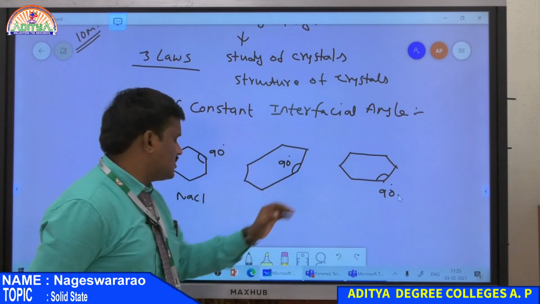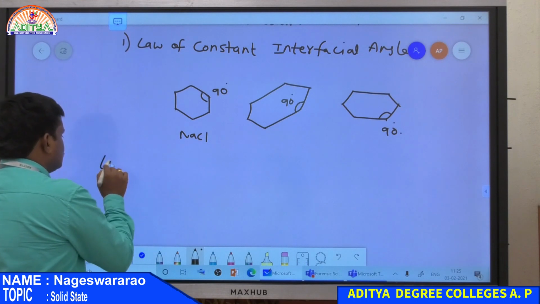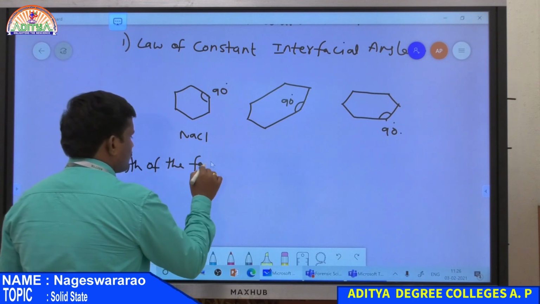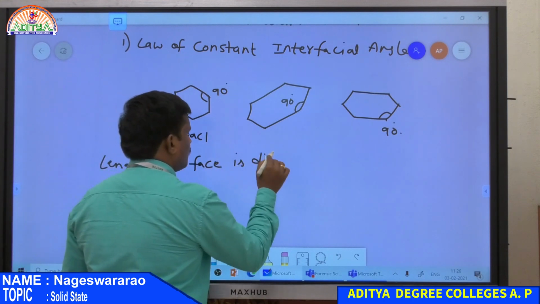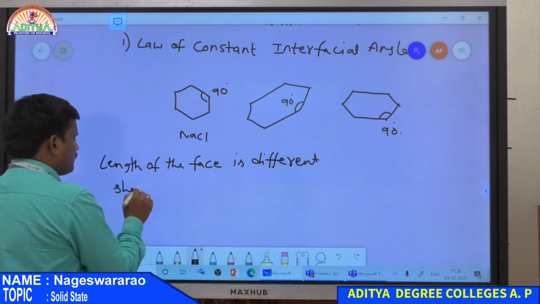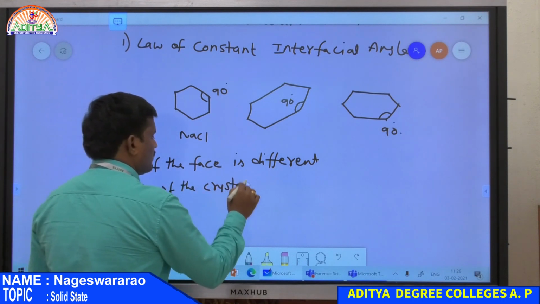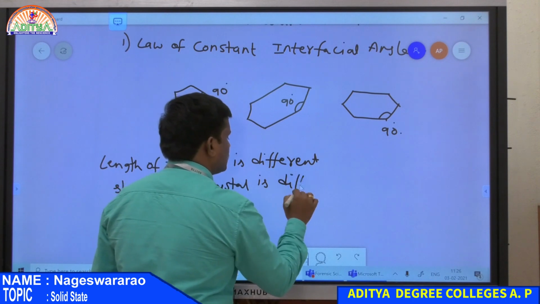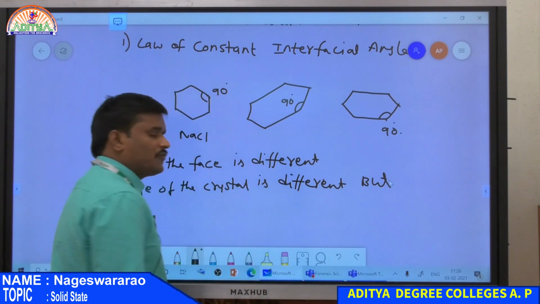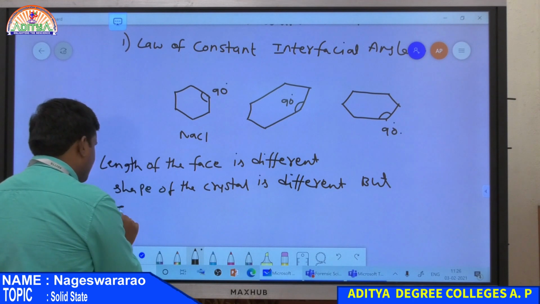So during these structures, maybe the length of the face is different, and also the shape of the crystal is different, but the interfacial angle between two phases is always constant.